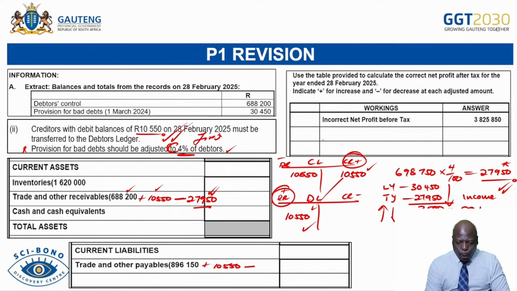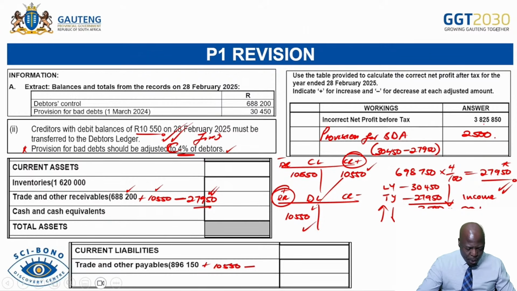But if you are doing the correct net profit calculation, you still have your provision for bad debts adjustment. And to show calculation, remember we show calculation, 30,450 minus 27,950. And then you end up with 2,500, like that. That is how you would do this adjustment.